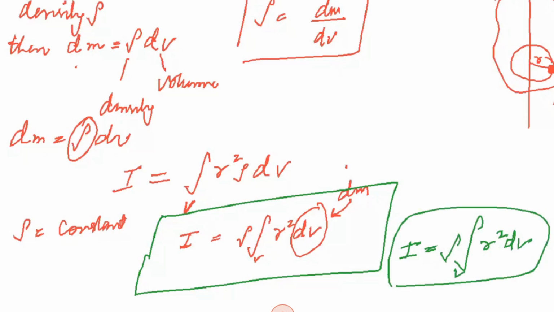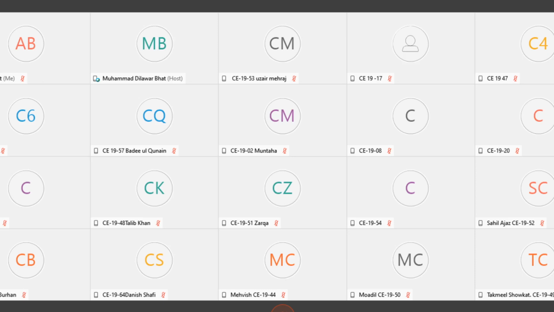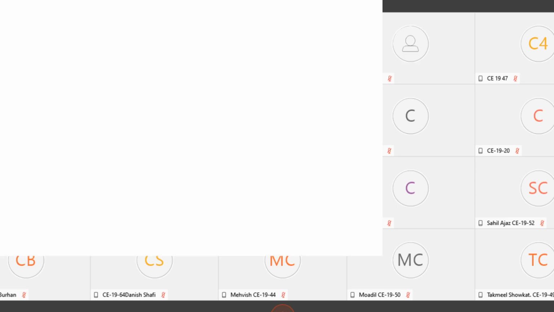Let's say we will do a simple example now. Let's say we have a simple cylinder.